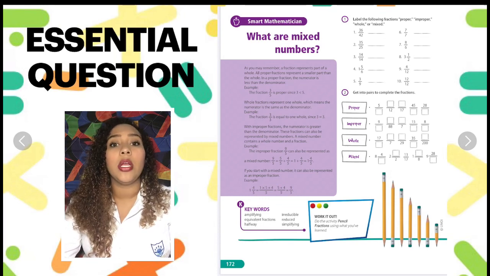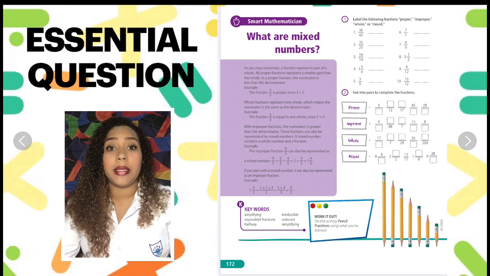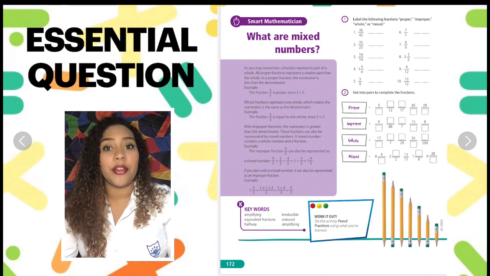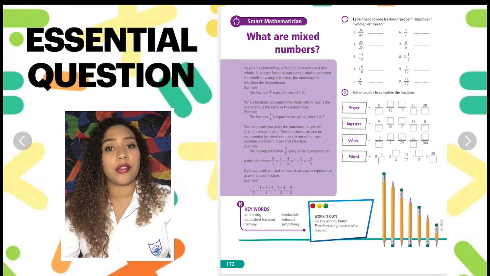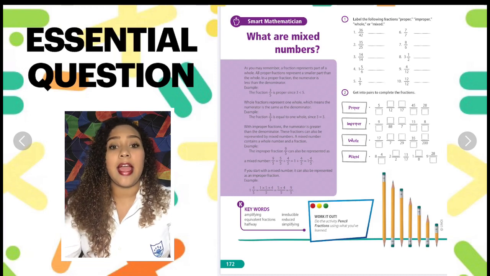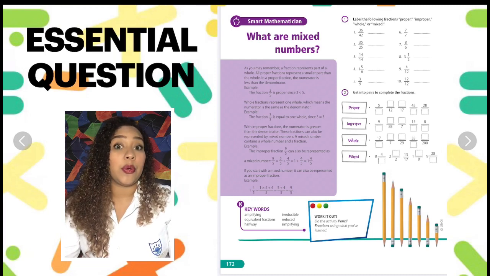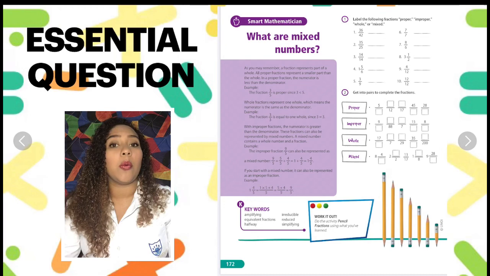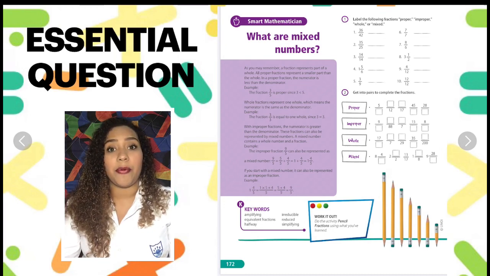For example, yesterday my mom and I ate half a pizza, and she took 1/4 of a pizza. 1/4 of a pizza was pepperoni, and 2/4 maybe of a pizza was ham or pineapple.